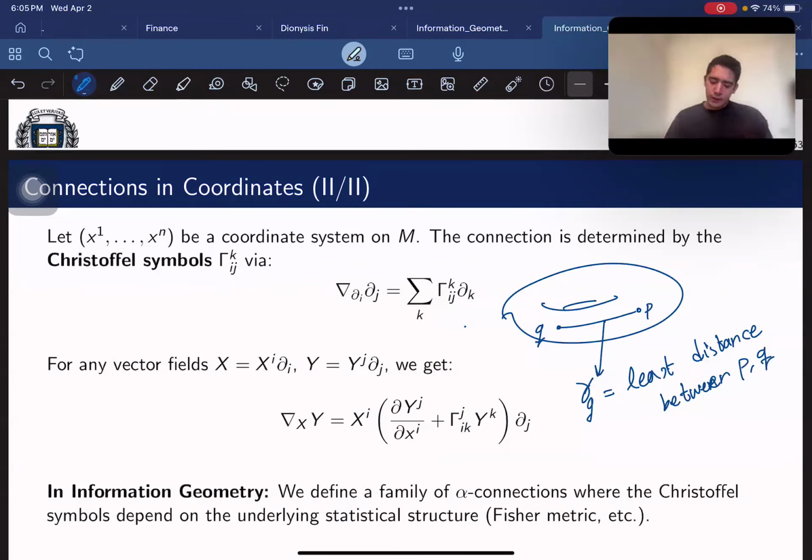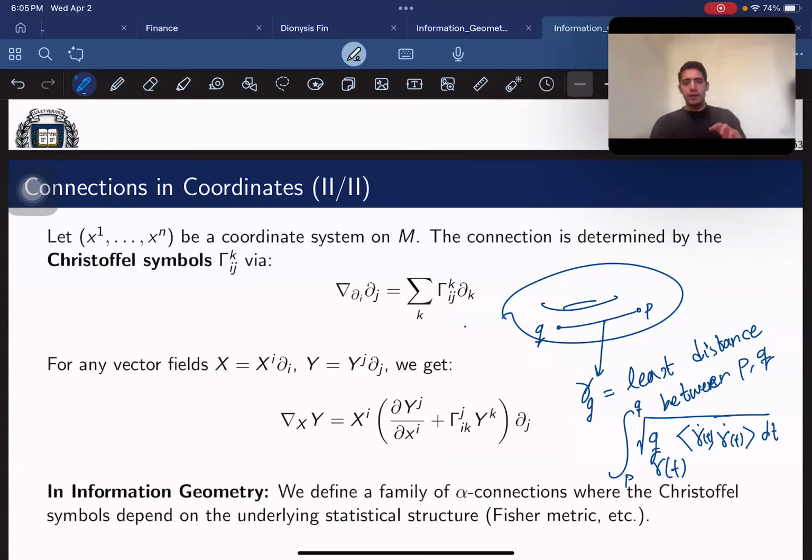As we discussed, the distance is given essentially by the inner product we are using with respect to the Riemannian metric. So the geodesic is essentially the least distance curve between 2 points.